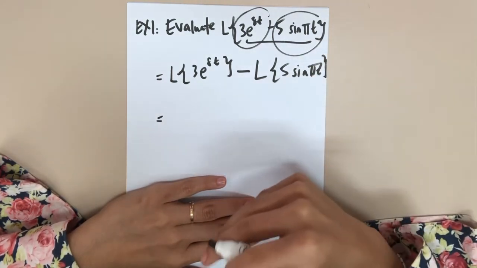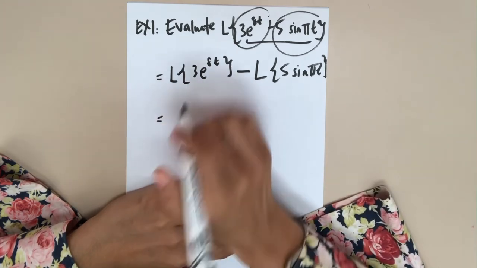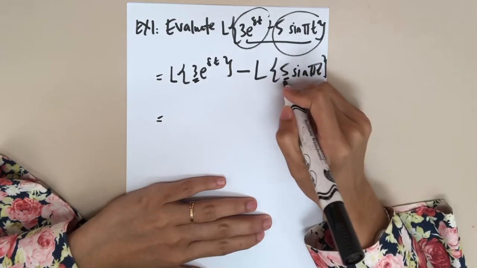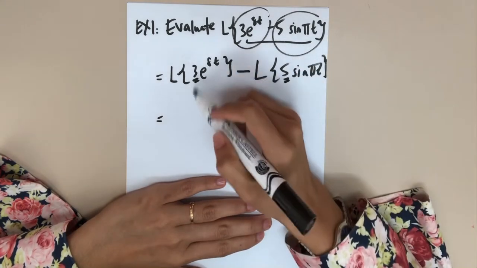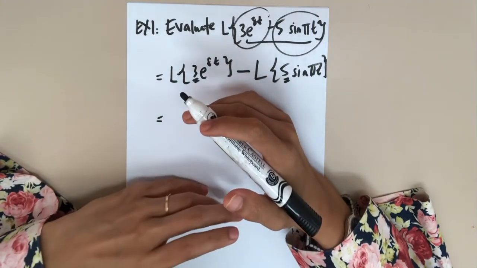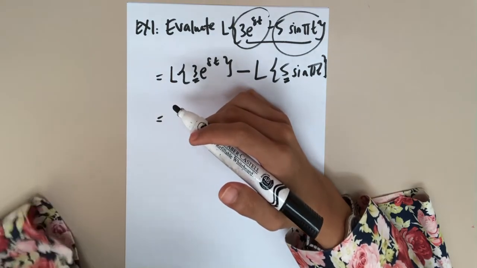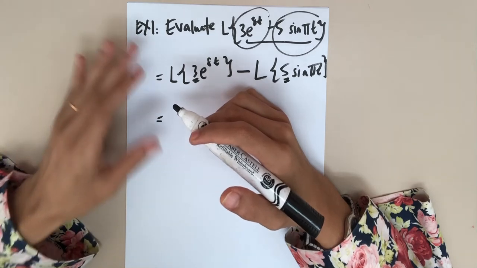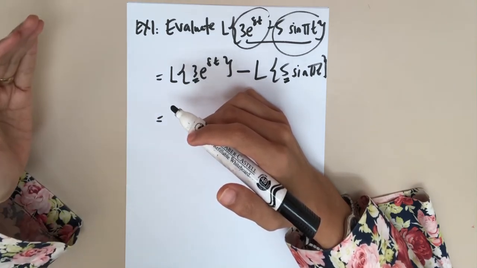The second thing about linearity is that you can see in front here they have a constant 3, and the same goes for this one, they have a constant 5. So the second linearity concept is we want to move all the constants to the outside of L. It's like in integration, where if there is a constant, we take it out of the integrand.